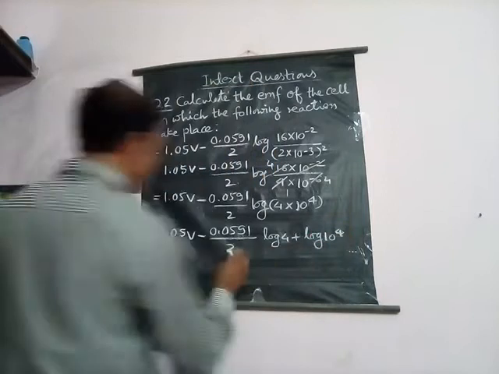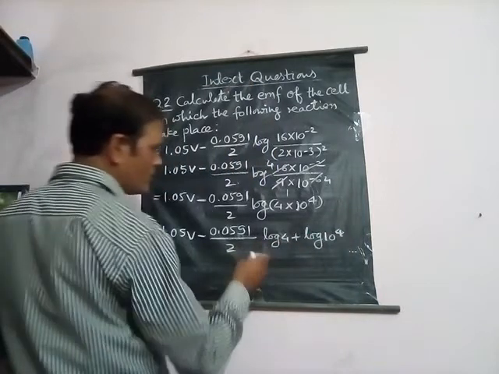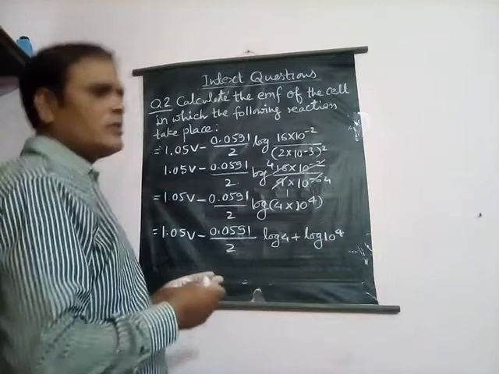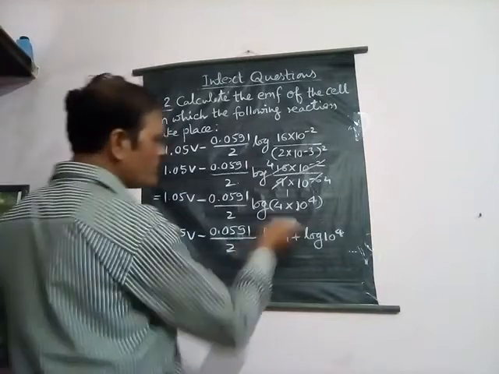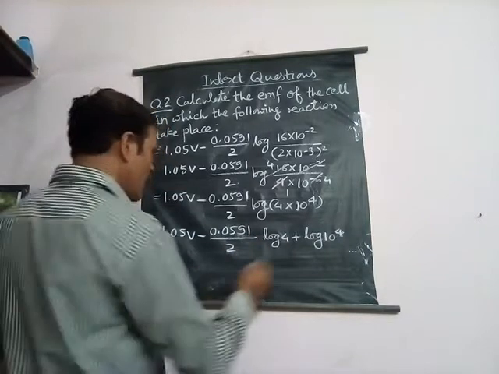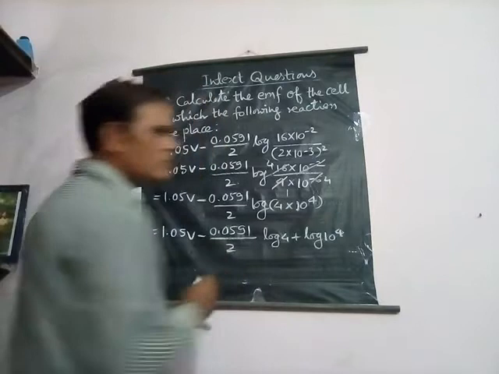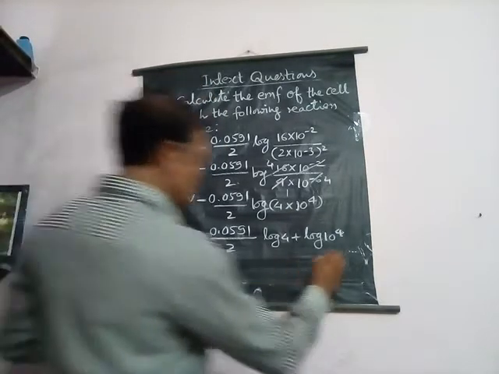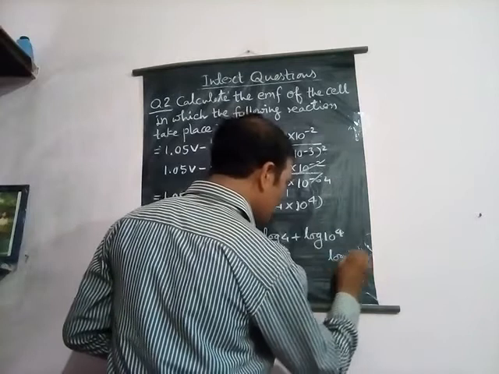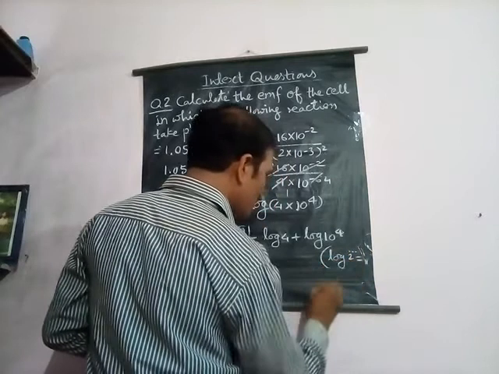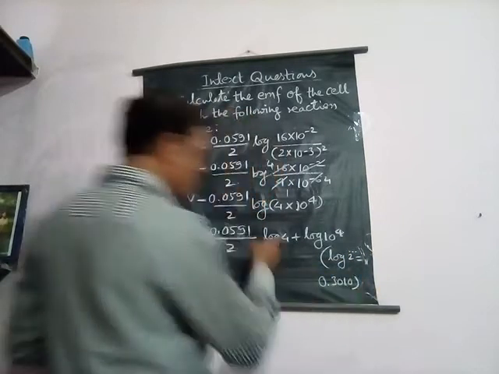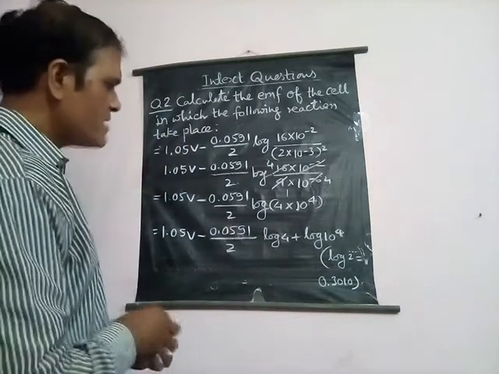Okay, log 4 will be equal to log 2 to the power 2. And we know very well the value of log 2. What is the value of log 2? Log 2 will be equal to 0.3010.